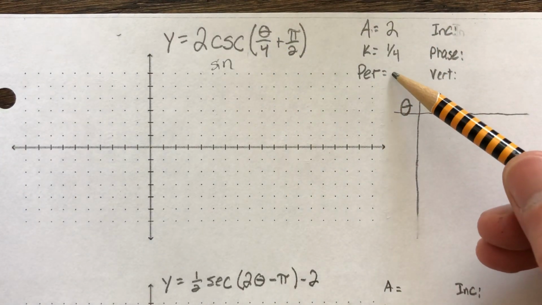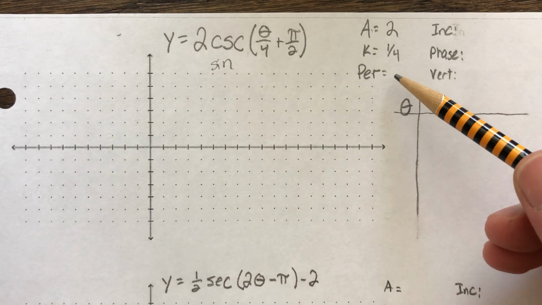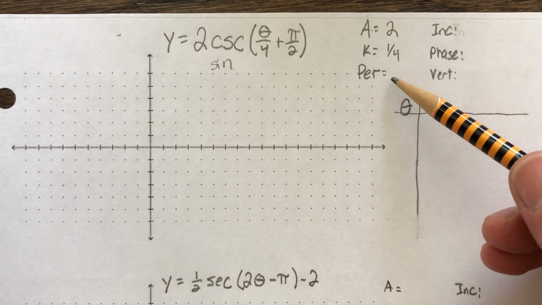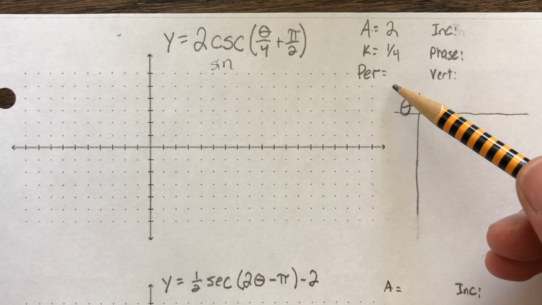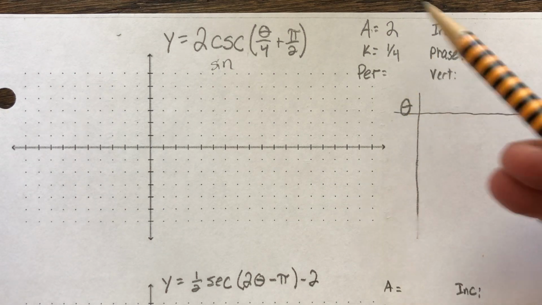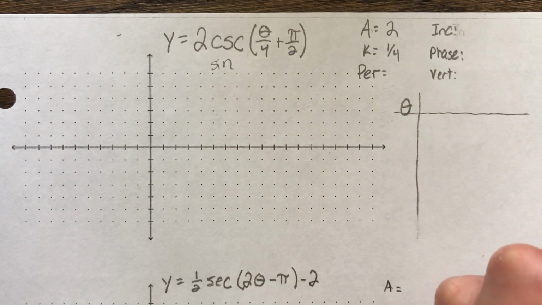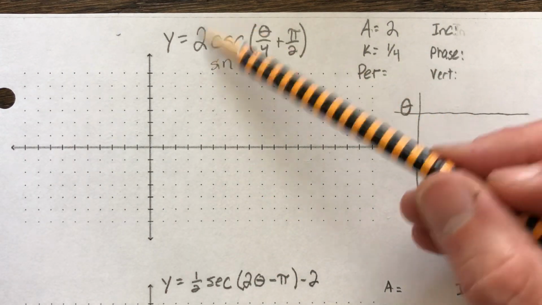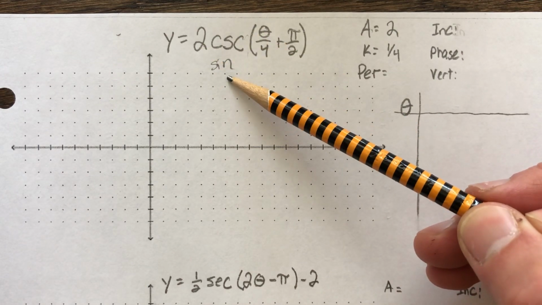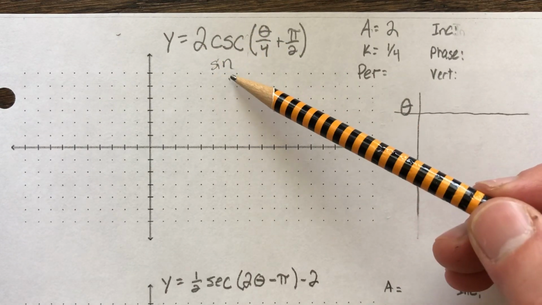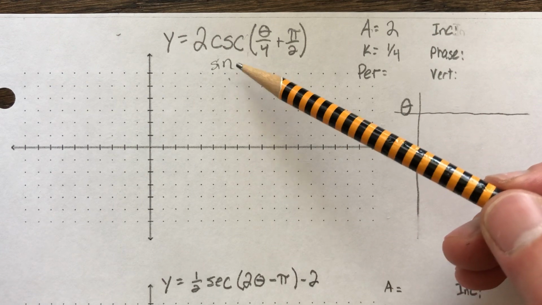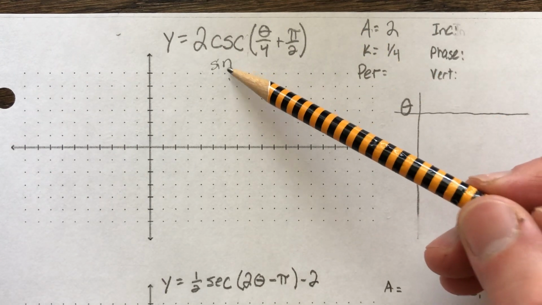Now when you come to the period, you go, wait, what do I do for period? Remember, for sine and cosine, it was 2 pi over k. For tangent, it's pi over k. Well, what about cosecant and secant and cotangent? Think about it. If cosecant is the reciprocal of the sine, it's going to have the same exact period as the sine.